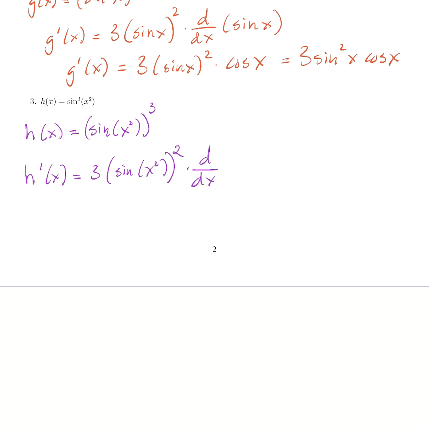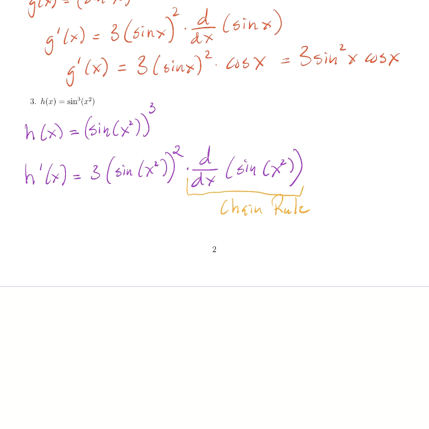So we need to multiply by the derivative of sine of x squared. However, the derivative of sine of x squared also requires the chain rule. So here we need the chain rule inside of the chain rule.